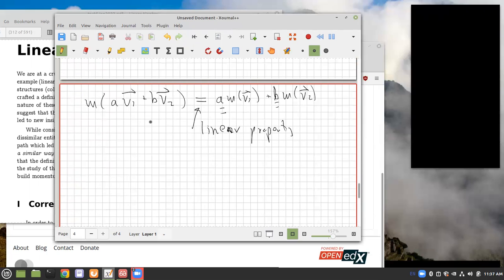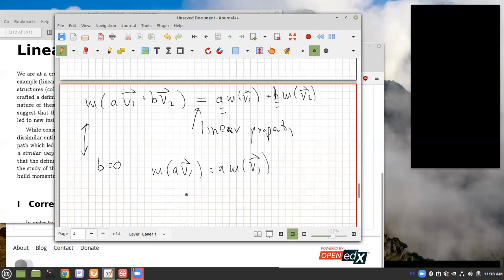Okay, so here are some consequences of this. This is equivalent to two simpler properties. Let's say that B equals 0 here. Well, this goes away and that goes away. So this says that M of A V1 has to equal A M of V1.